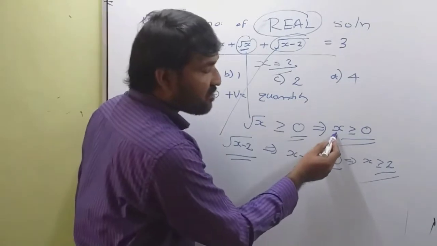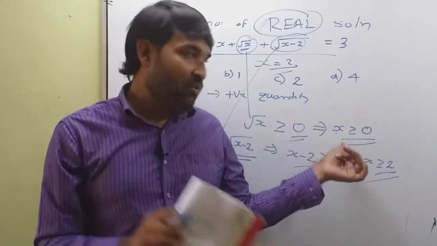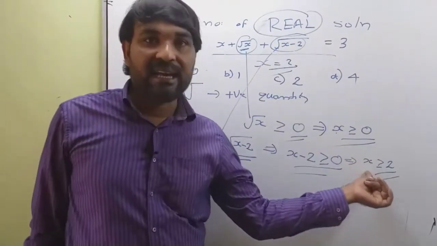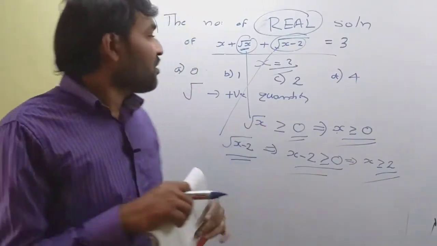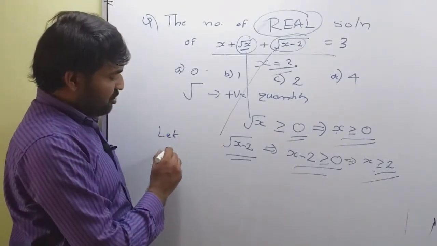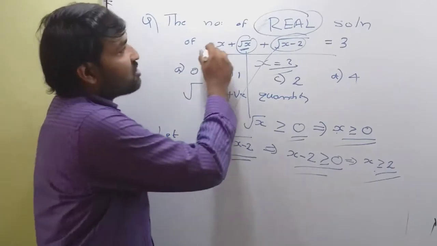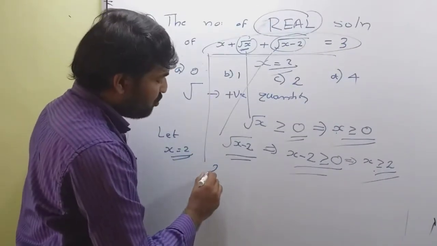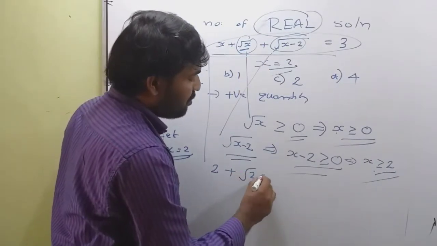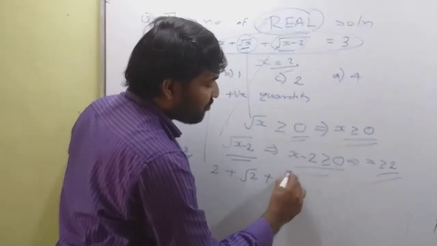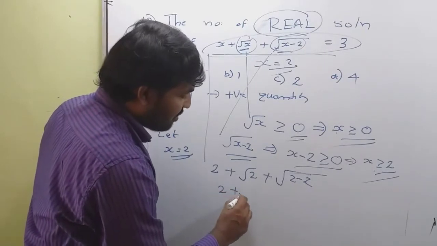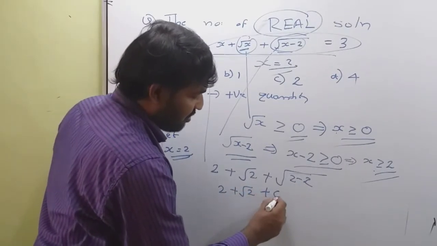So from the first term we have x greater than or equal to 0, and for root of x minus 2 to be a positive quantity, x should be greater than or equal to 2. Now let us put x equal to 2. The equation becomes 2 plus root 2 plus root of 2 minus 2, that is 2 plus root 2 plus 0.